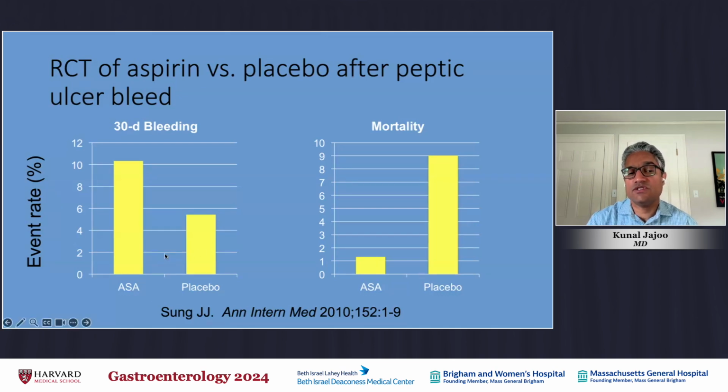And you can see here that there was a statistically not significant slight trend towards 30-day bleeding in the aspirin group. However, there was a statistically significant difference in mortality in those who were given placebo. So we should be resuming aspirin after peptic ulcer bleed to protect these patients against thromboembolic and cerebrovascular events.